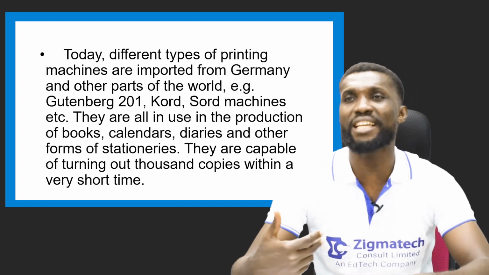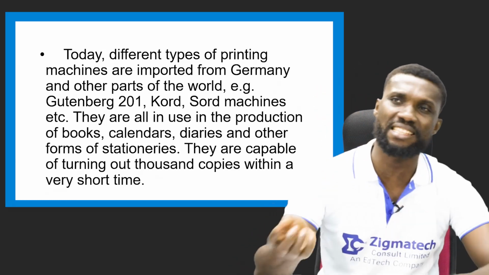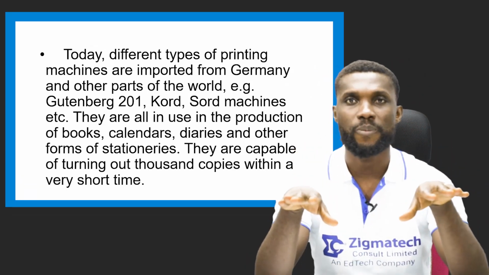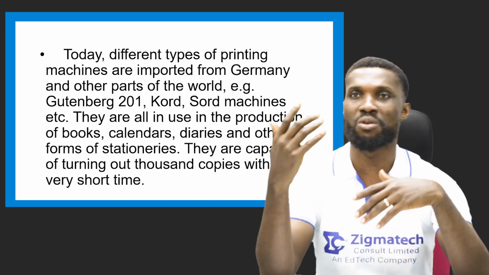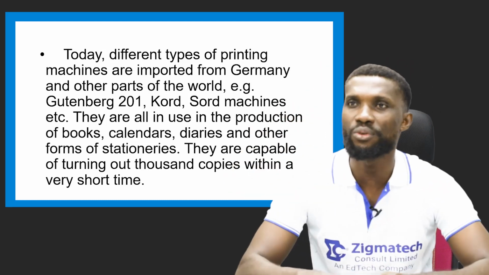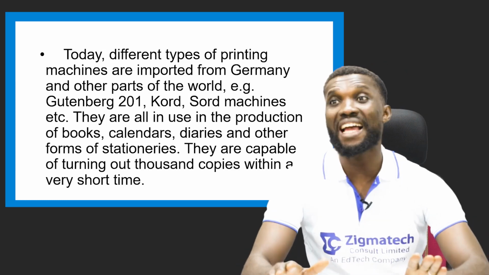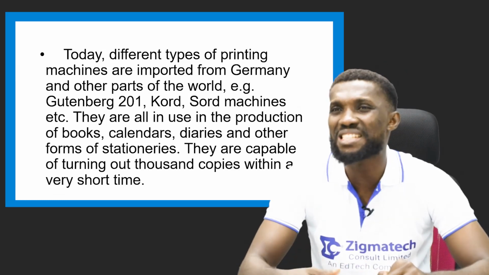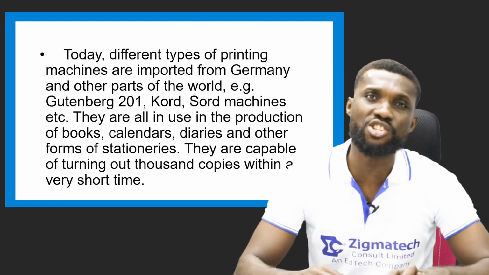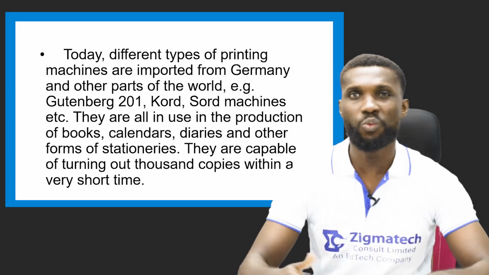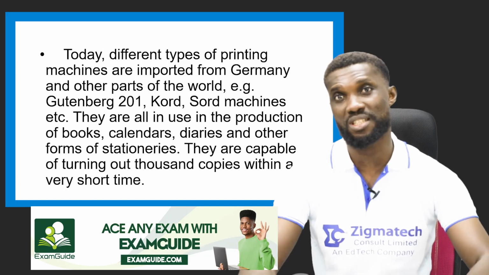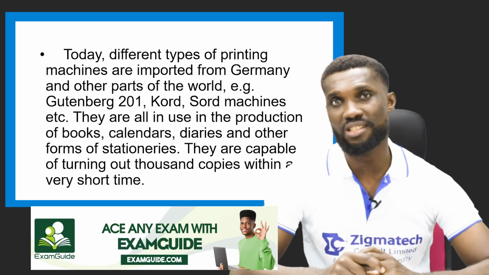They are all in use in the production of books, calendars, diaries, and other forms of stationery, even in cartons, on advertising and products, to mention but a few. They are capable of turning out thousands of copies within a very short period of time. It is just pressing the button, setting the machine the way you want it, and then boom, it runs all these things out.